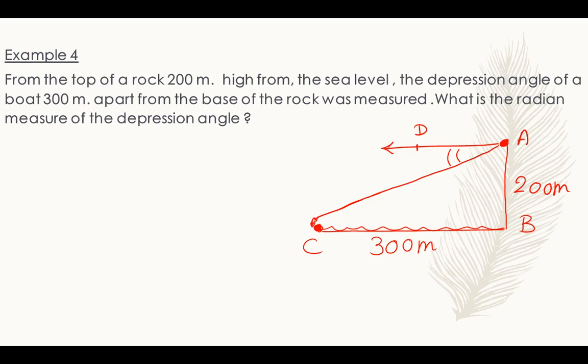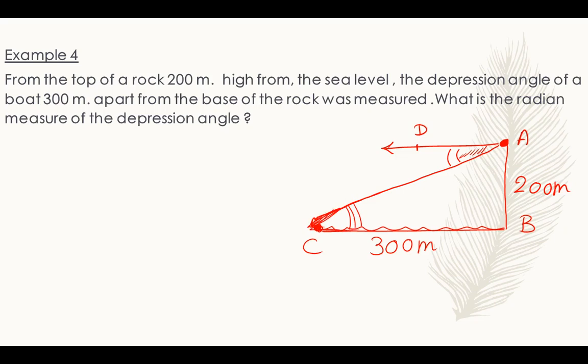As we said before, since AD is parallel to BC, the measure of angle DAC will be equal to the measure of angle ACB. So now angle ACB is the angle of depression.